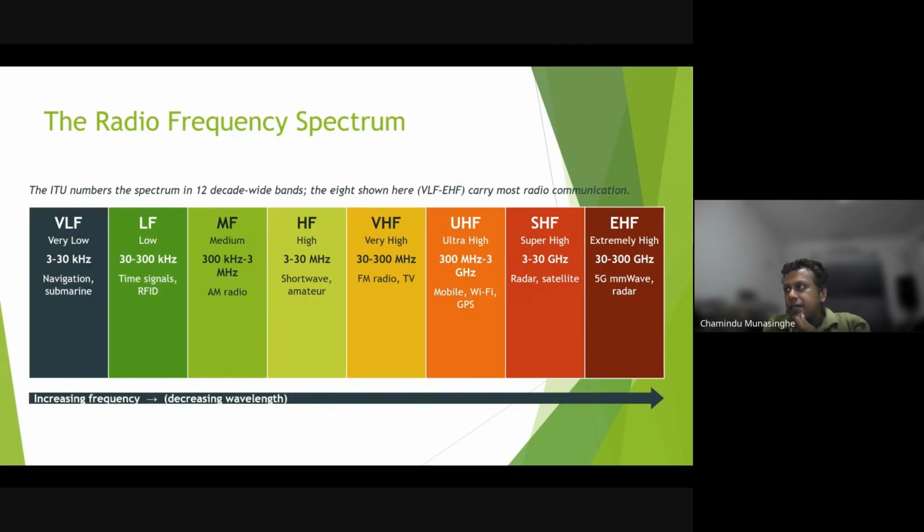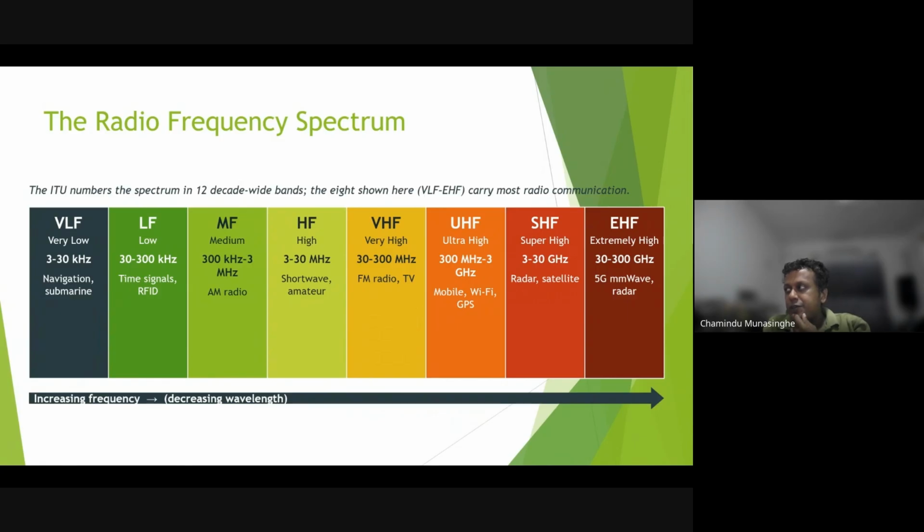That's why we use single sideband, low bandwidth modes like SSB on HF. But when we go to VHF, we don't really care about that, and we use narrow band FM or wide band FM. And when you go to the satellite range and these high frequencies, you can get higher bandwidth.